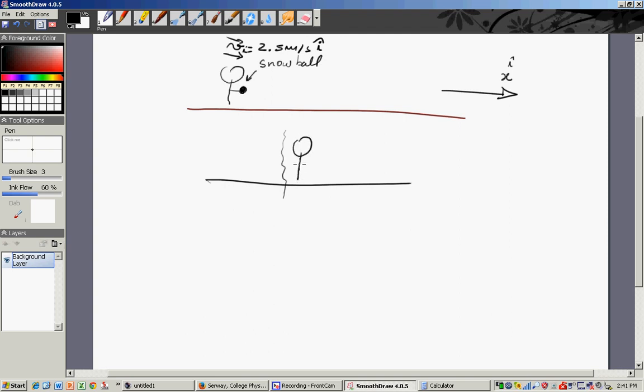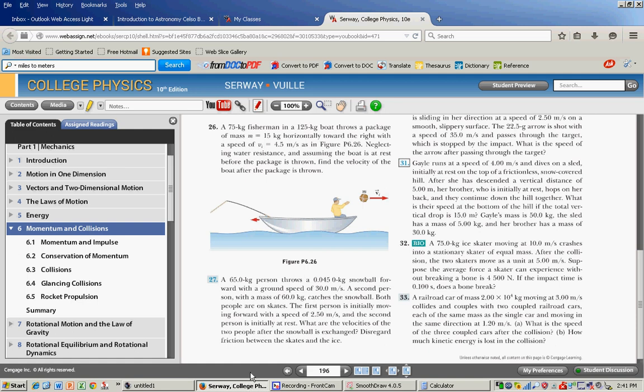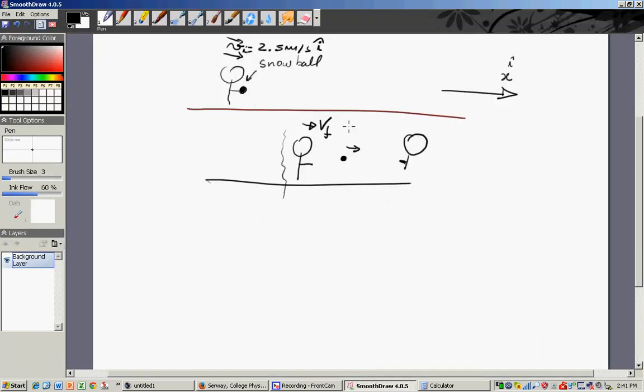The person is to move with a velocity I'm going to call final, which I don't know yet, and I have a snowball that is moving towards somebody else, which is right here, with a speed that is 30 meters per second, and it is positive because it goes to the right.